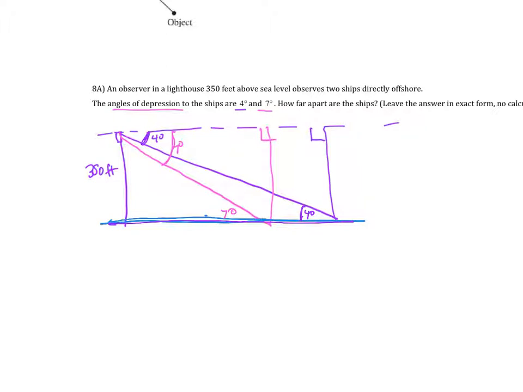So let's finish up these triangles. This is my 7 degree right triangle, and I changed the colors, but that's okay. And then the 4 degree right triangle is in the green. Maybe this will make a little bit better picture for you, and you could do that if you needed to.